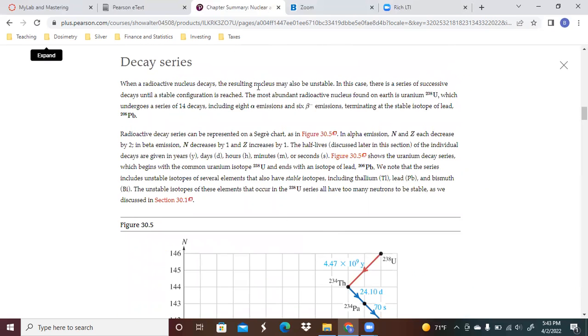With radioactive nuclear decays, the resulting nucleus may also be unstable. In these cases, sometimes it takes a while for a stable nucleus to come about. The most abundant radioactive nucleus found on Earth is uranium, which undergoes a series of 14 decays, 8 alpha emissions and 6 beta minus emissions, terminating at lead.